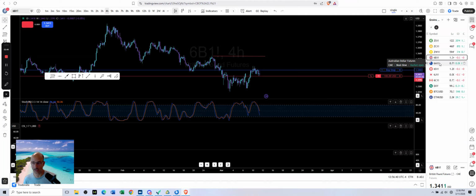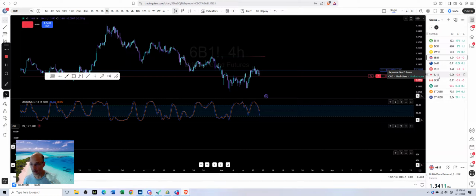If there's a short here, there'll be a short on the Aussie USD and vice versa for longs. Swiss franc, again, on the Swiss franc forex pair, it goes USD/Swiss franc. So a short on the Swiss franc futures would be a long on the USD/Swiss forex pair and vice versa. So that one's inversely correlated.